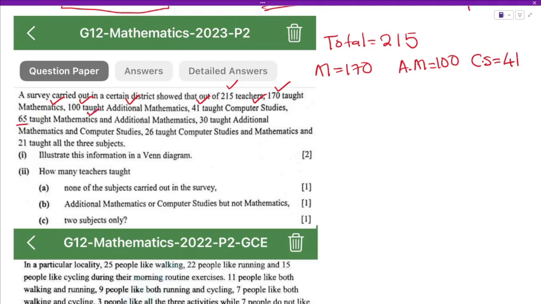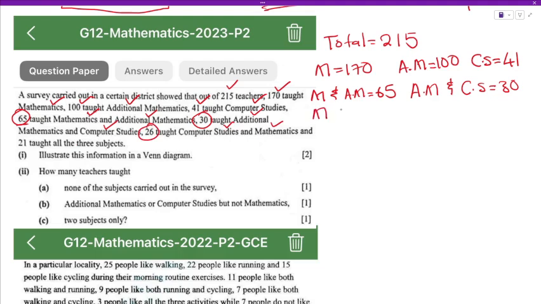65 taught math and additional mathematics. So math and additional math, 65, yes, this value here, 65. And then 30 taught additional mathematics and computer studies, 30. 26 taught computer studies and math.